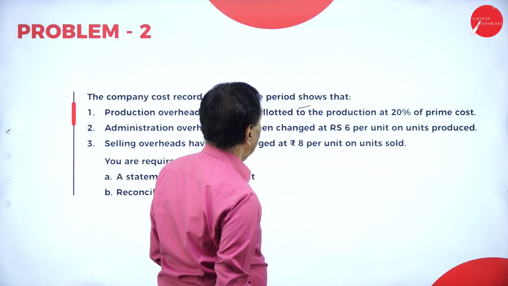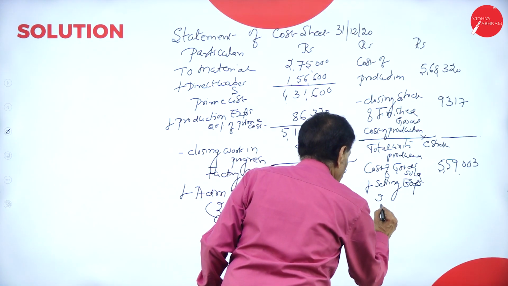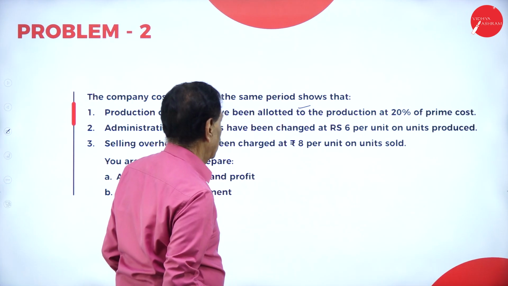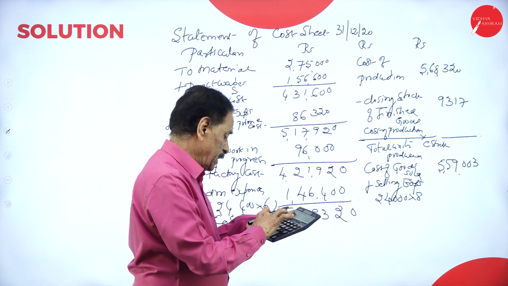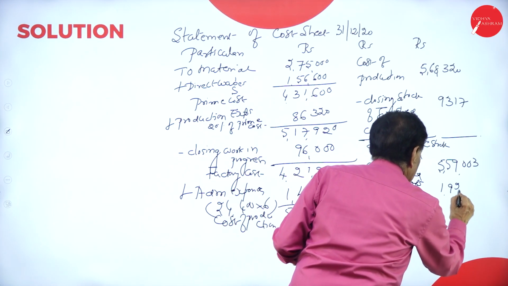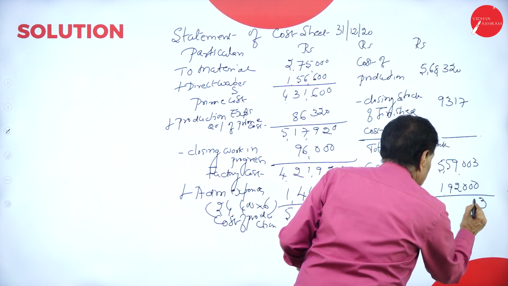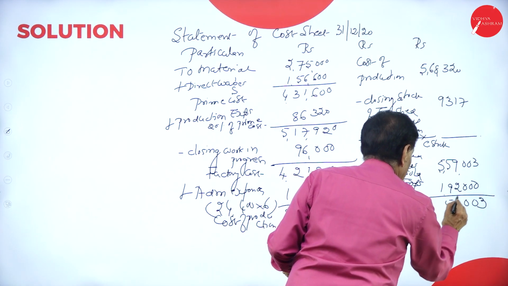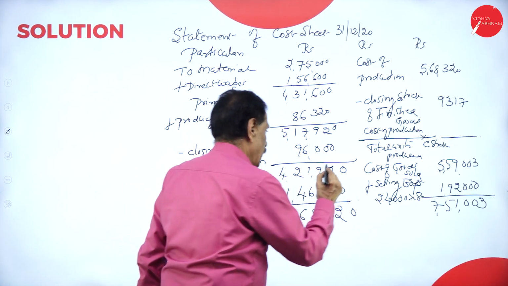Your units sold is 24,000 multiplied by 8 rupees. 24,000 multiplied by 8 is 1,92,000. Add, 7,51,003. Total cost.